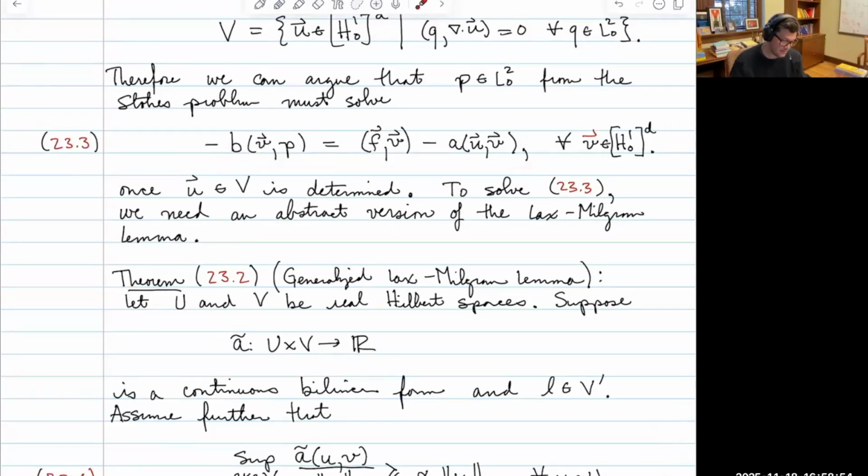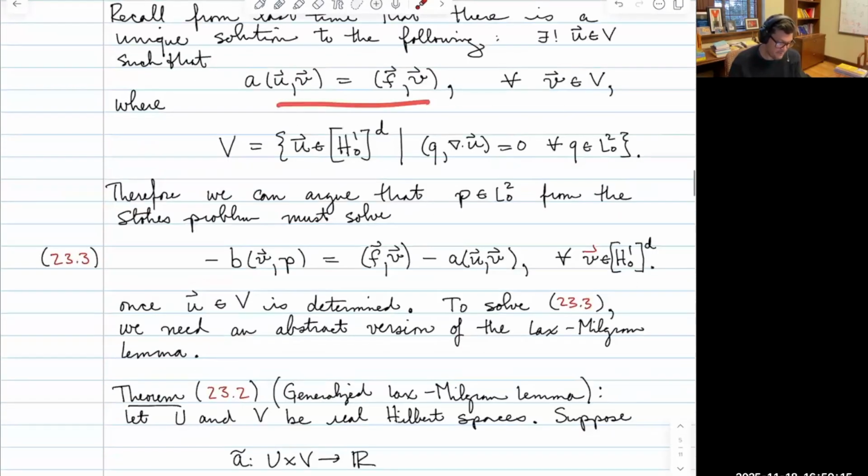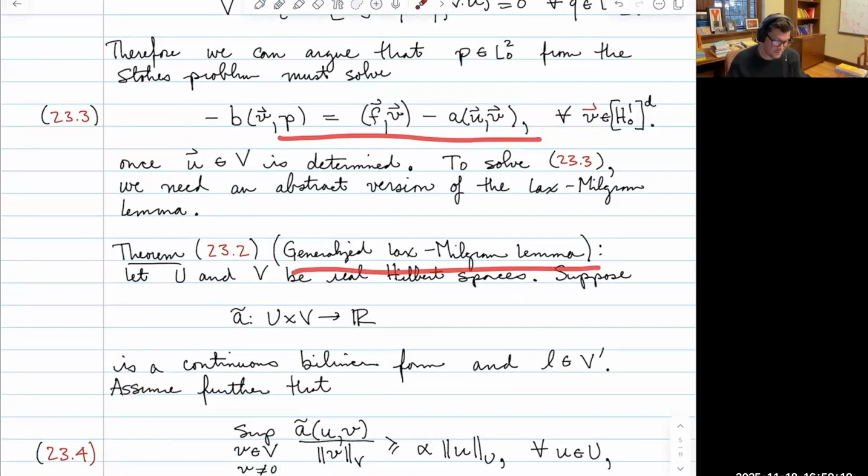And then we can apply the generalized Lax-Milgram lemma to show that this pressure exists. This pressure then is going to be the right pressure for solving the Stokes problem. So we have u that we get first by this argument. Now we can finally get p by this argument using the generalized Lax-Milgram lemma because we've identified everything.